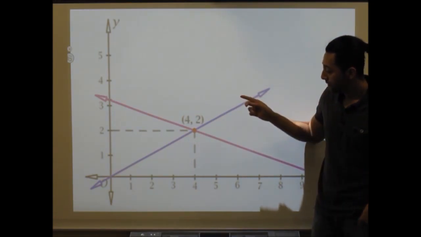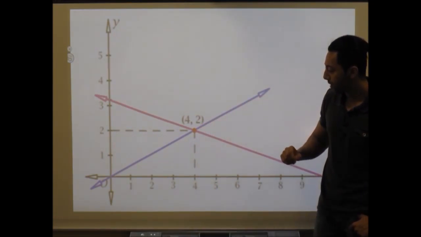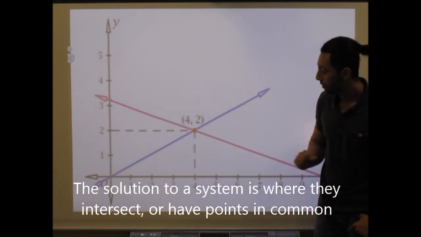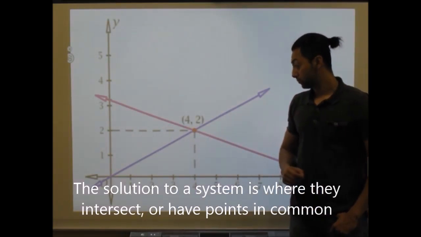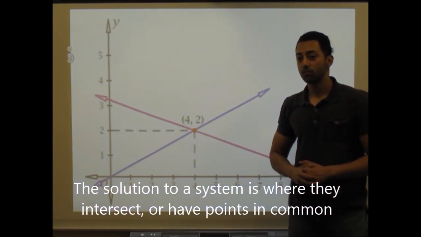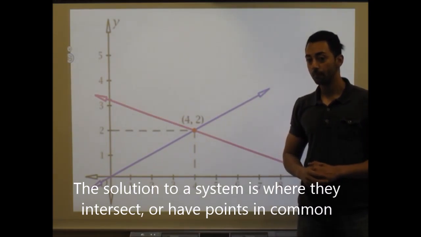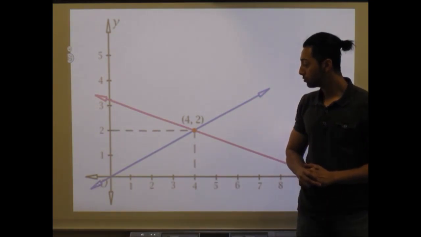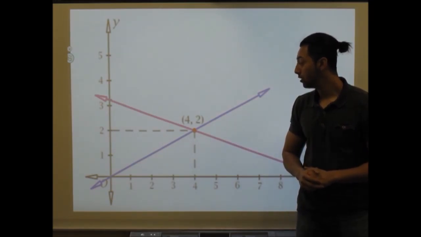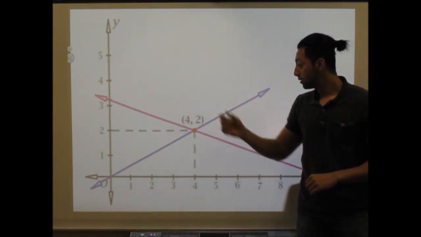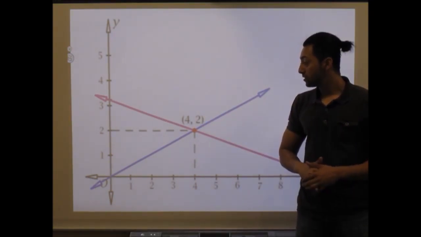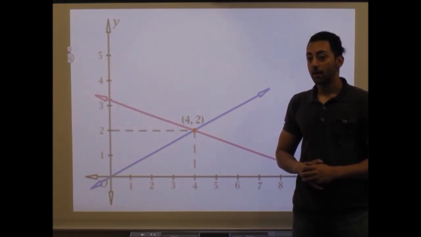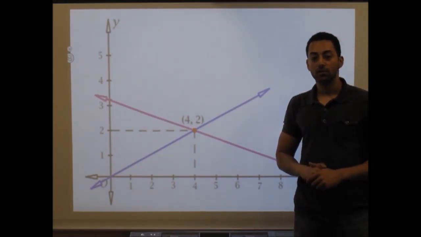So we know that they intersect right here at this point, which happens to have an x value of 4 and a y value of 2. So this is a fairly straightforward example. We could conclude that the solution to this system would be (4, 2), because this point lies on both of these lines, which means it would satisfy both lines, and that's pretty much it for this example.